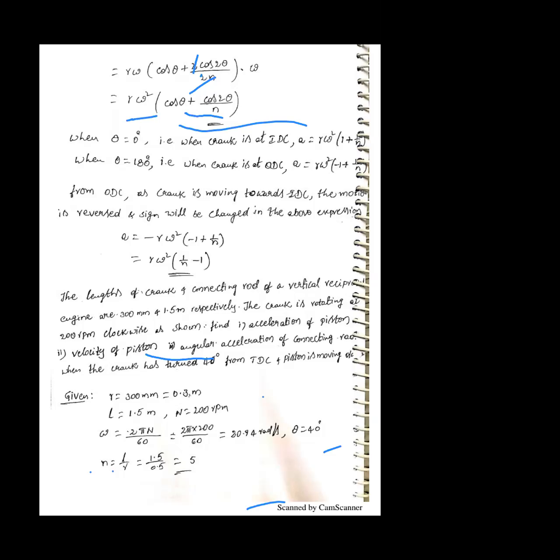And when theta equals 180, that means the crank is at ODC, so cos 180 is minus 1 and cos 360 is 1, giving omega square r into minus 1 plus 1 by n. Those are the equations.